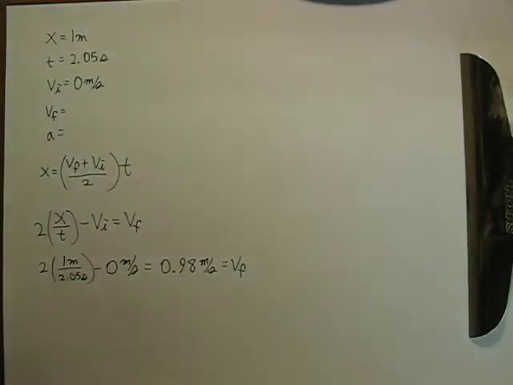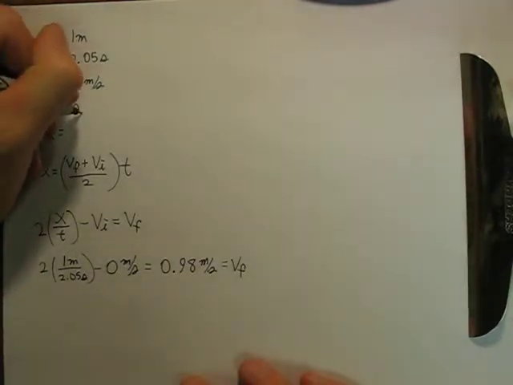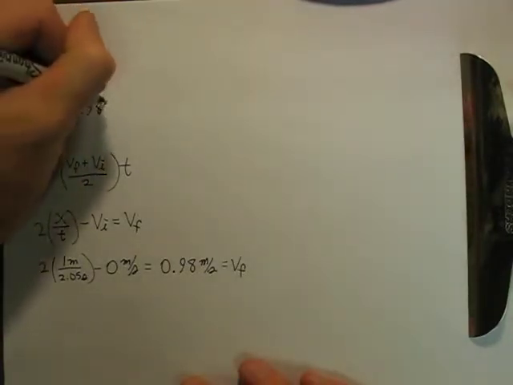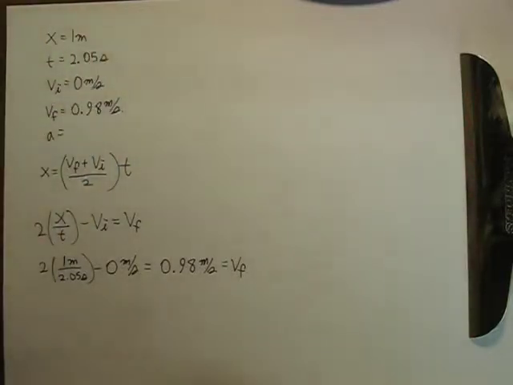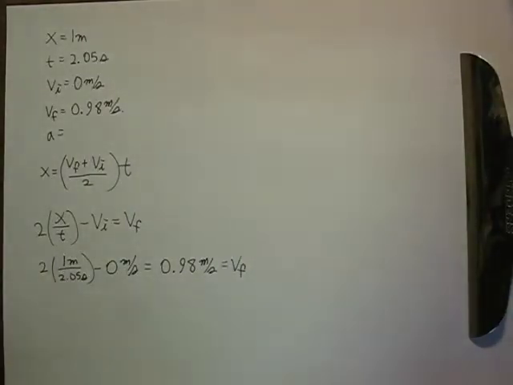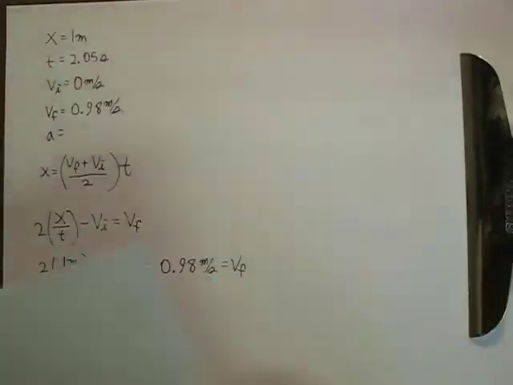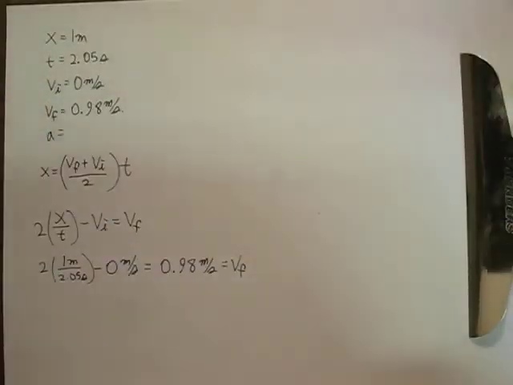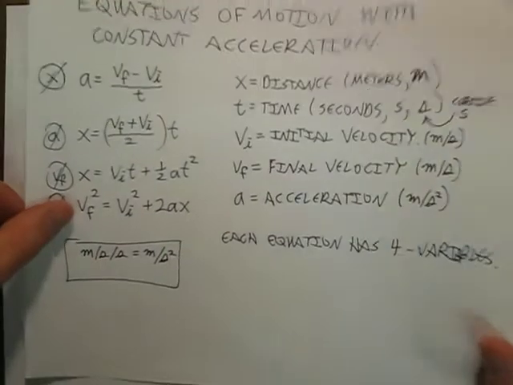Now, the most important thing that I want to find is the acceleration. So hit pause and think about what equation we can use to find the acceleration. Now, what I want you to say is that to find the acceleration, we're not going to use VF.